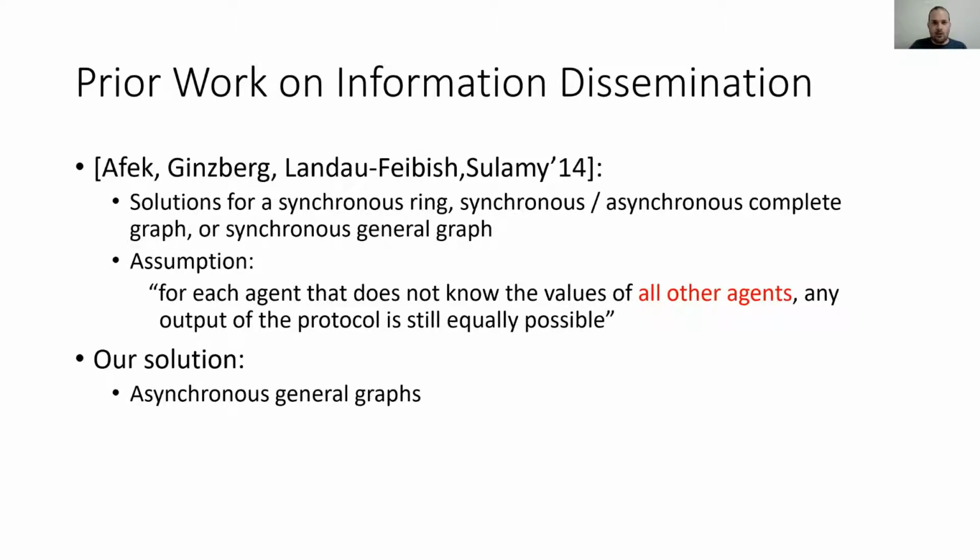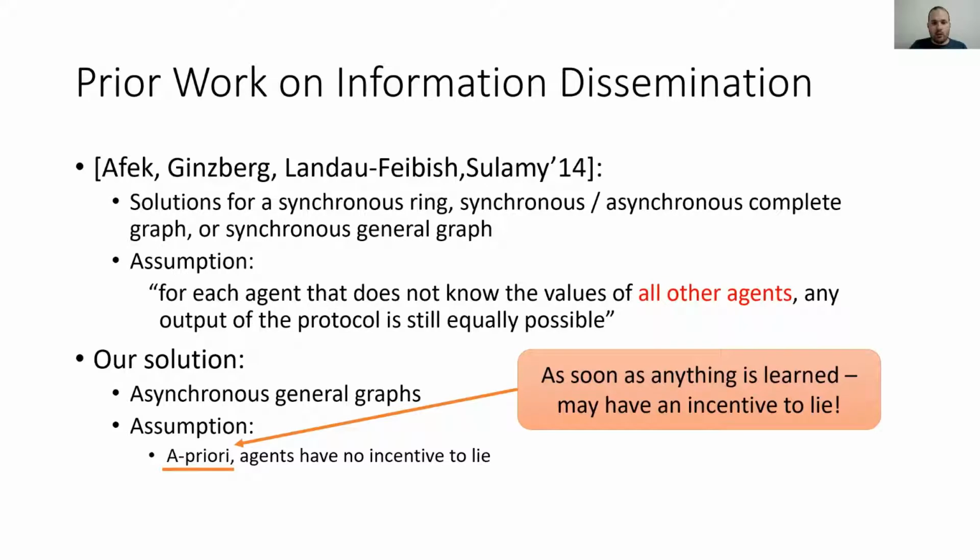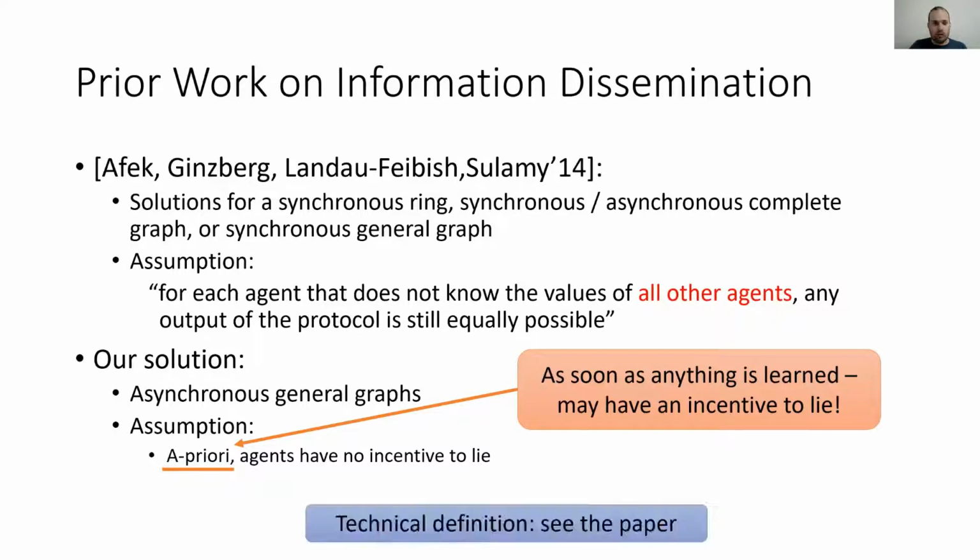We solved this problem in asynchronous general graphs. Our assumption is that a priori, the agents have no incentive to lie about their types, but once he learned any kind of information about others' input, he may have incentive to lie about his input.